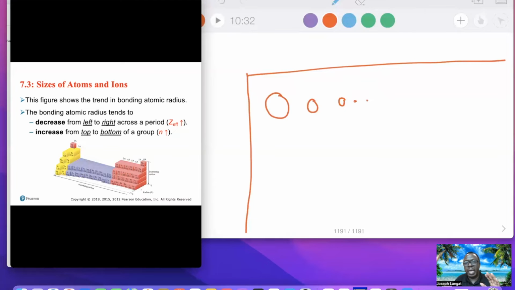For example, in an atom of hydrogen, there is one electron in 1s.